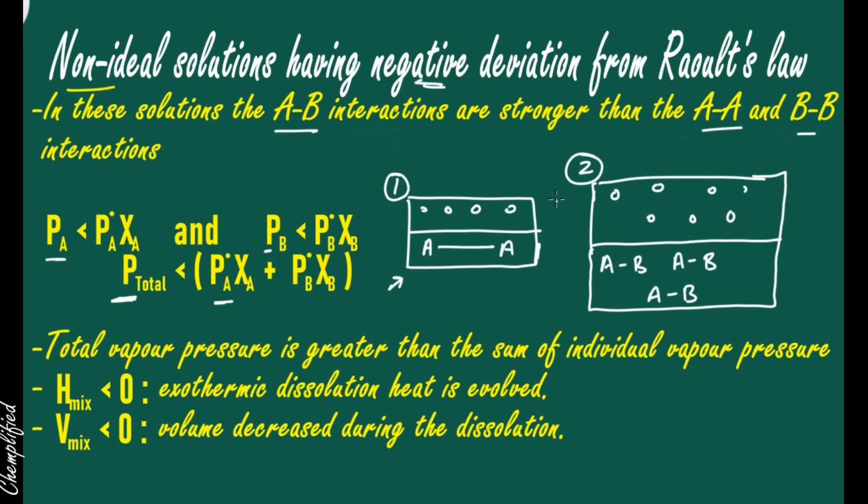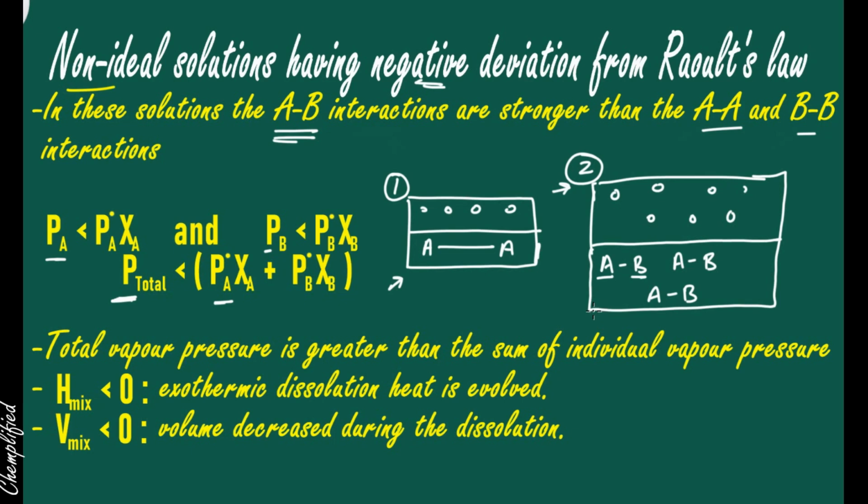Now consider case 2, the second diagram. In this, we have mixed the two components A and B together. Since we know that AB interaction is stronger, the particles of A and B will try to remain close to each other. They have a good bonding with each other.